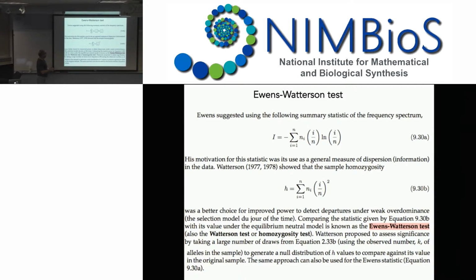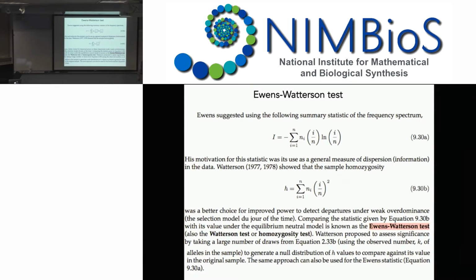This is one of the early tests that people used, one of the first molecular tests, based mainly upon protein data. The idea is you compute this test statistic based upon your data, then you go back and use the Watterson distribution and ask what the value of this test statistic should be under it, and then ask if they significantly depart from each other.